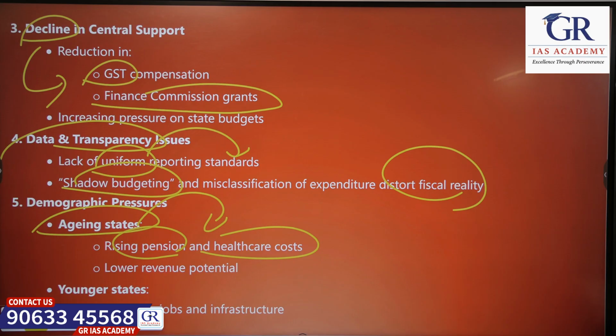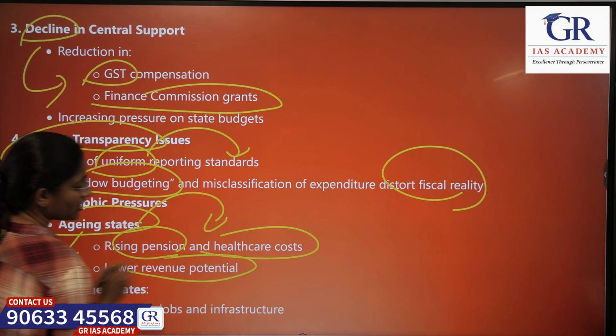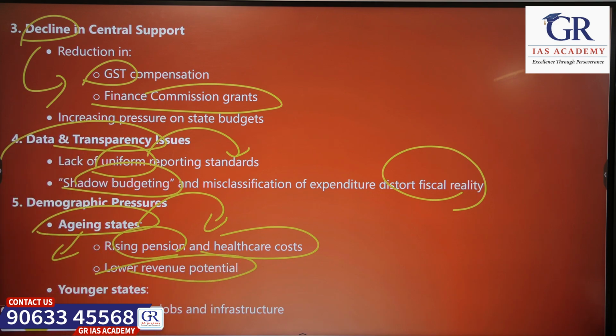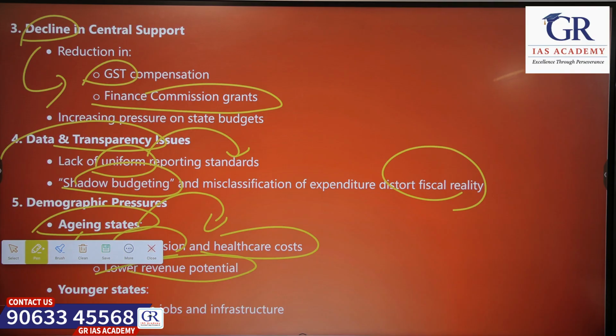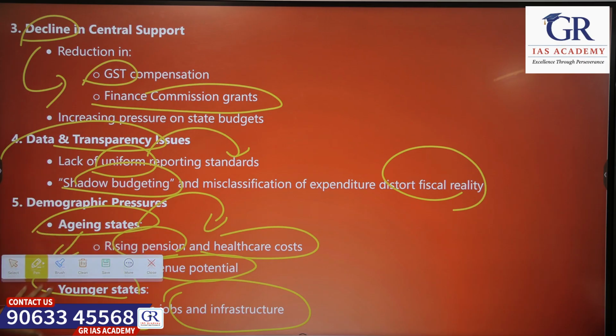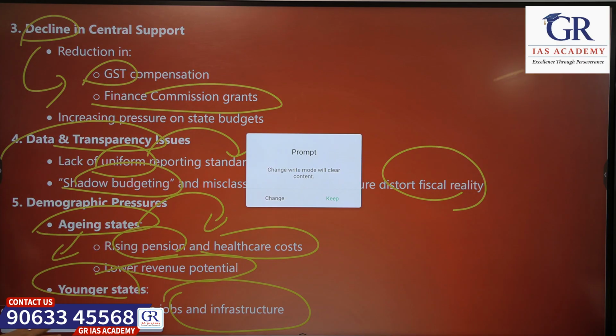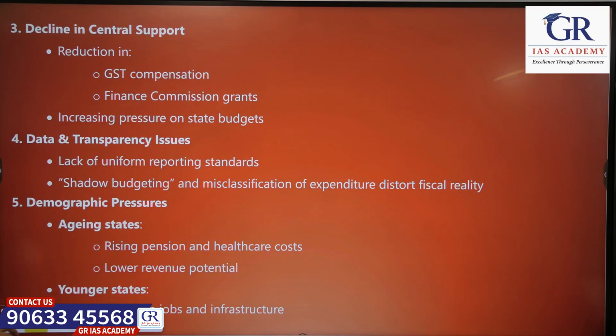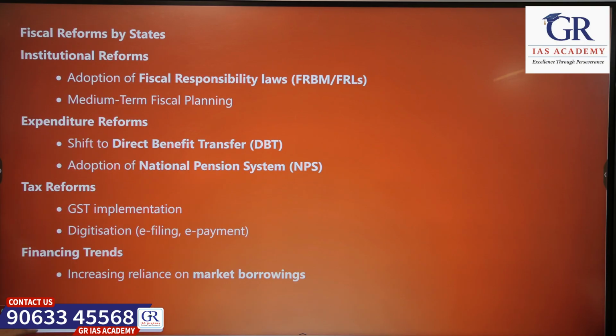So when states have an aged population, their revenue potential also decreases. And younger states need higher spending for creation of infrastructure and jobs. So that is how all states are having different kinds of issues.